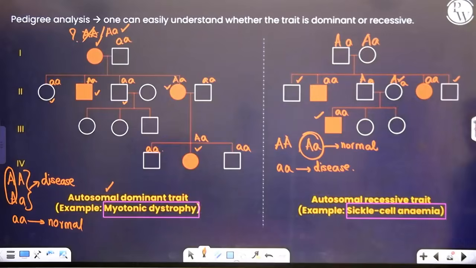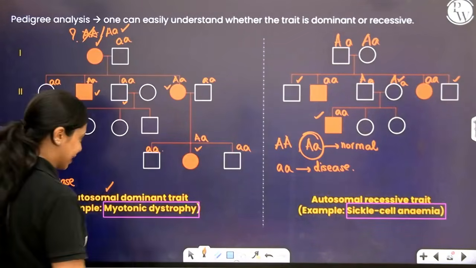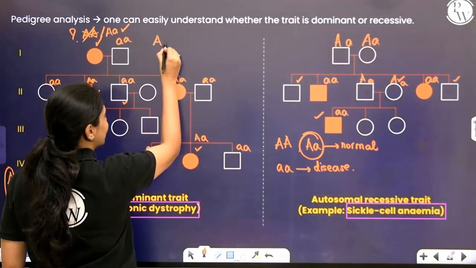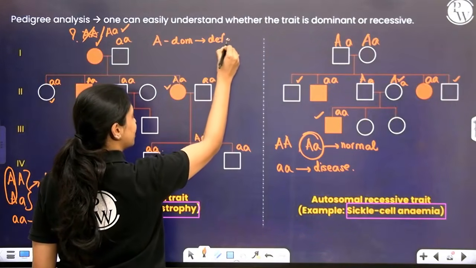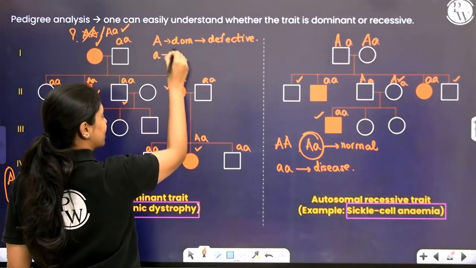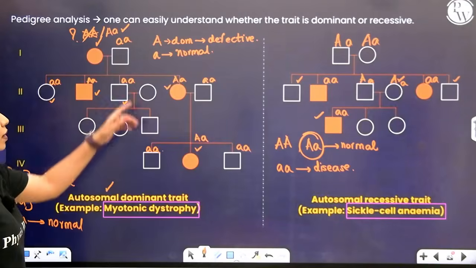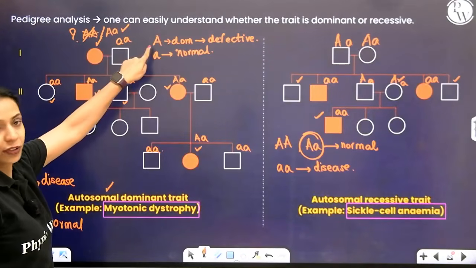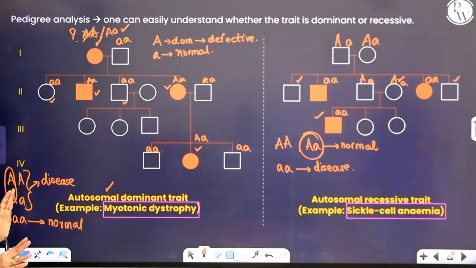Okay, what we need to understand here basically is when we say it's an autosomal dominant trait, the dominant allele is the defective allele that is causing the disease. If there is a recessive allele, then that will be normal. So even if there's one copy of the defective allele, even in heterozygous condition, it is going to show the symptoms of disease.